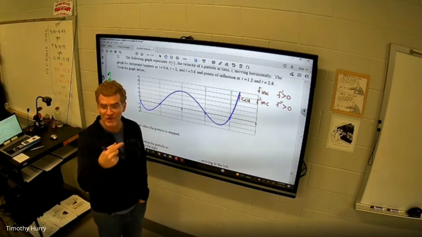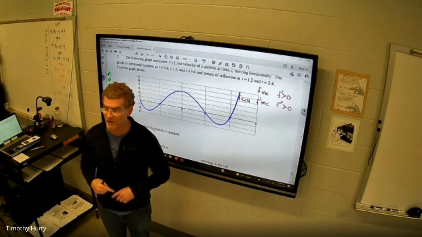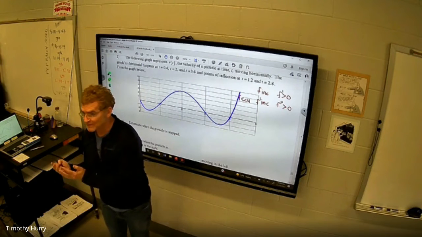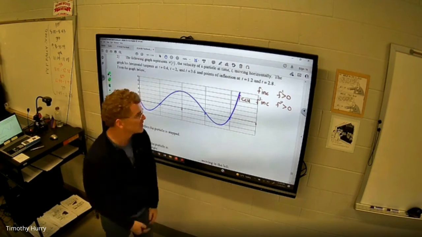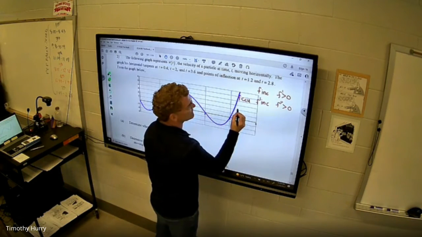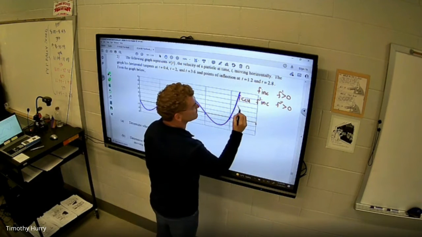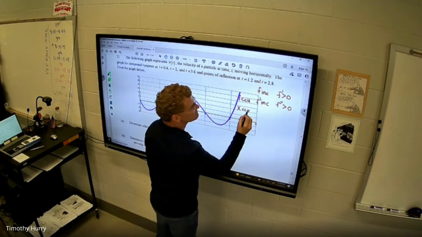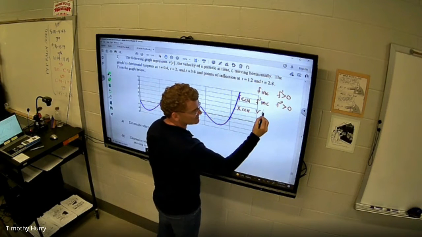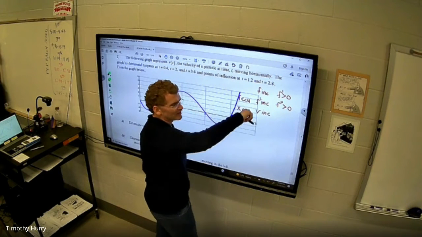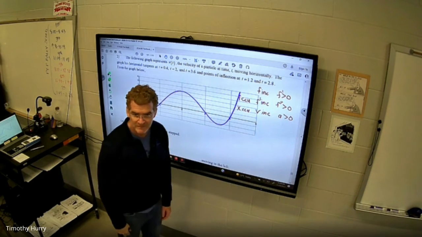Well, now think about this. This is also true with not just f prime and f double prime, but with position, velocity, and acceleration. So if you happen to have a position function, which has a lot of variables for it, I'm just going to use x. If your position is concave up, then your derivative of position, which would be velocity, is increasing, and your derivative of velocity, which is acceleration, would be positive, right?